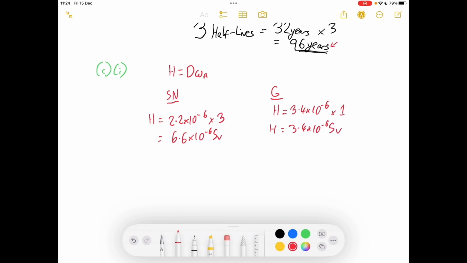So you've now found the individual values for H for both slow neutrons and gamma. But that's not what they asked for. They asked for the total value. So H total is just going to be the two of them added together: 6.6 times 10 to the minus 6 plus 3.4 times 10 to the minus 6. You should get a value of 1.0, or just 1, times 10 to the minus 5 sieverts.